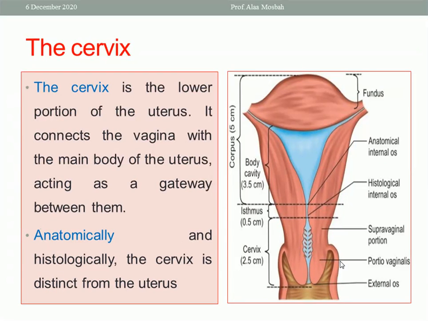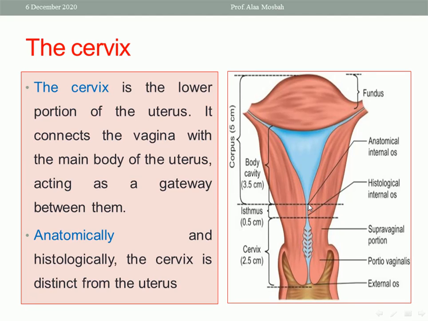Let us start with the cervix, the lower portion of the uterus. Look at this picture, please. You have here the anatomical internal os, here the histological internal os, and here the external os. The distance between the anatomical internal os and the histological internal os is called the isthmus. It is about 0.5 centimeter.